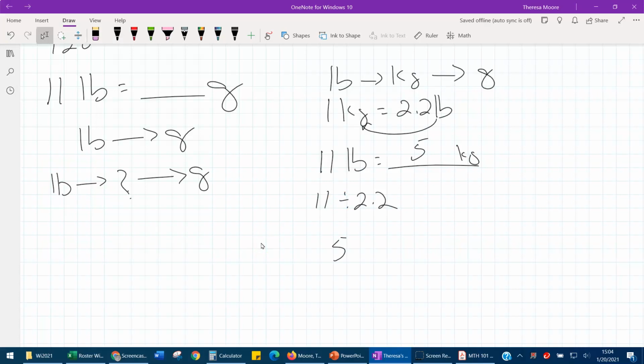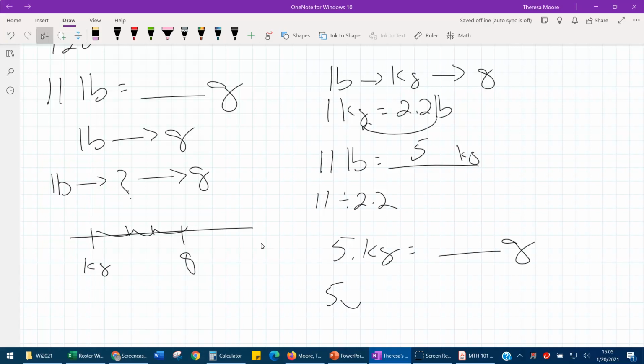Now I have to go from 5 kilograms to grams. And if you remember your line, kilogram was here, gram was here, and there were 2 lines between it. So to go from kilogram to gram, you're going to move your decimal 1, 2, 3 places. So 5 kilograms, 1, 2, 3, is 5,000 grams.